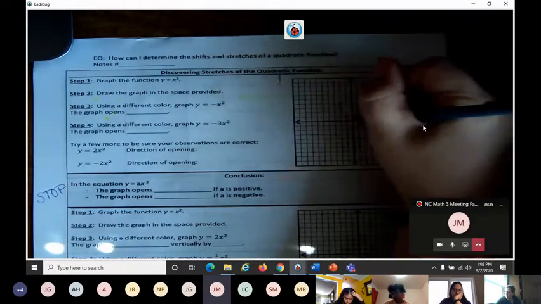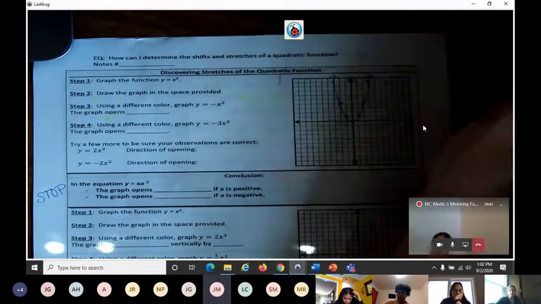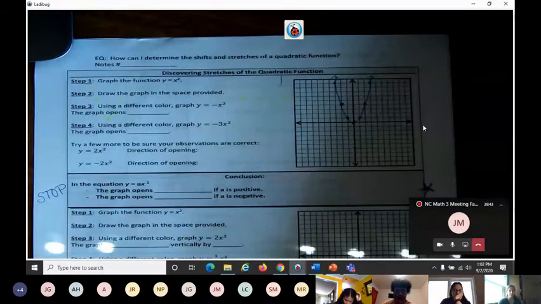All right, so there's our x squared graph.